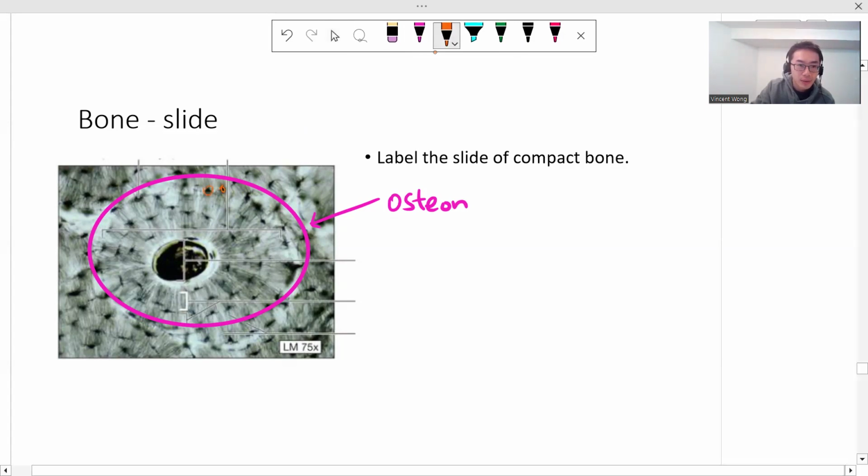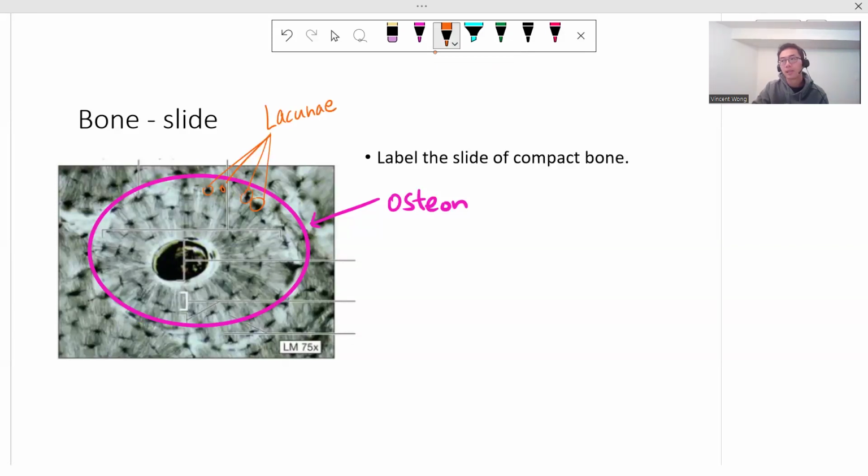Now these little black holes, like there's another one there, another one there. Those are the lacunae, with an E for plural. That is where the bone cells are living in.